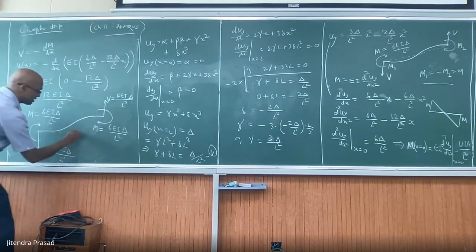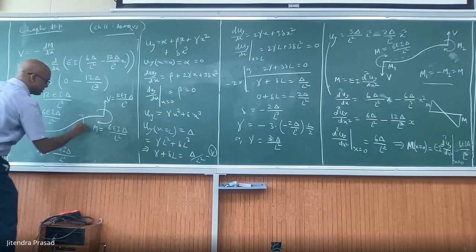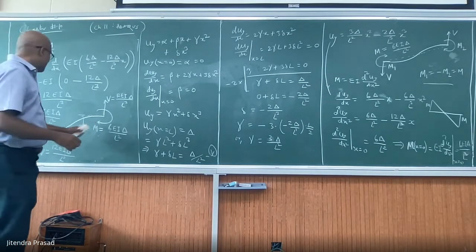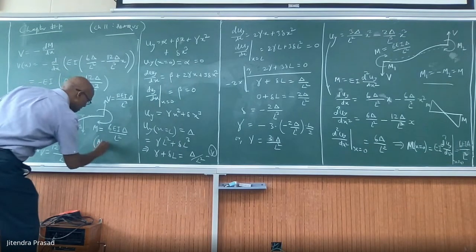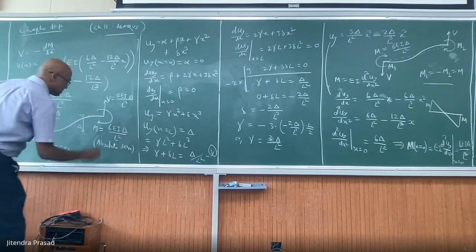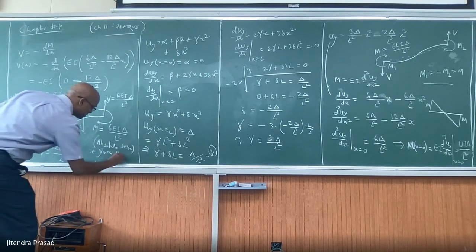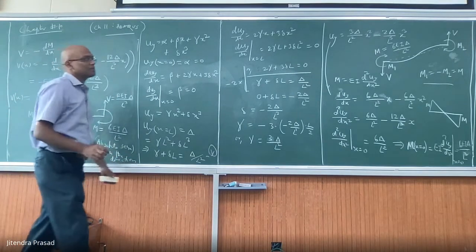Here, from here to here is delta, right? Minus 6. Yeah? Minus 6. Yeah, but I'm writing the absolute sense, given the direction, not algebraic sense, but true sense.